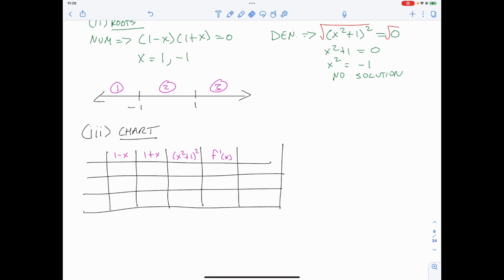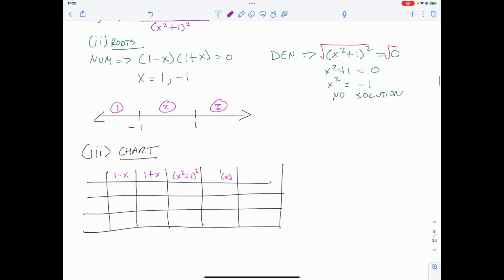Sorry, it is g prime of x. Let's use the right one. And my g of x. And my intervals from negative infinity to negative 1, from negative 1 to positive 1, and from 1 to positive infinity.